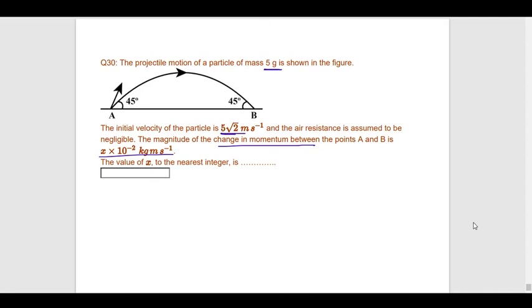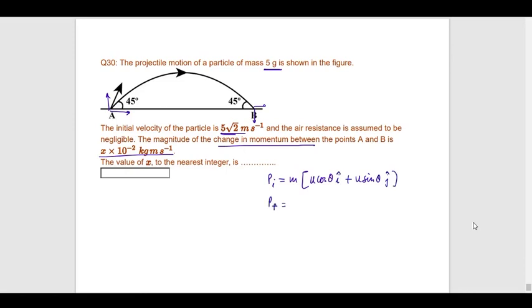So the idea is simple. In this case, we will first of all take the components of the initial velocity and final velocity. We know that the final velocity in magnitude is the same. It has the same angle with horizontal also. So we can say that the initial momentum will be equal to m times u cos theta i cap plus u sine theta j cap, right?